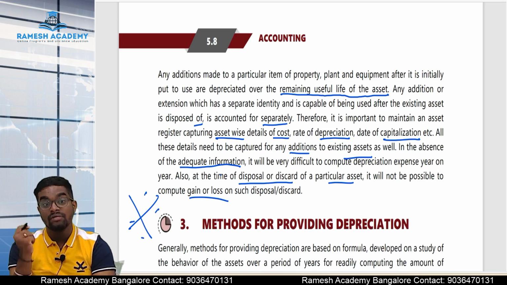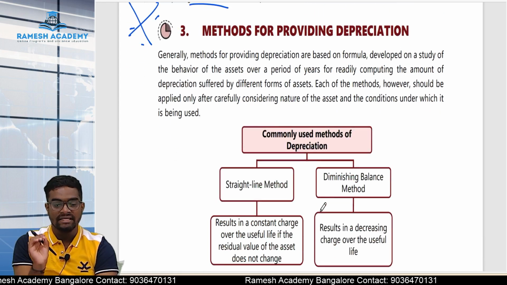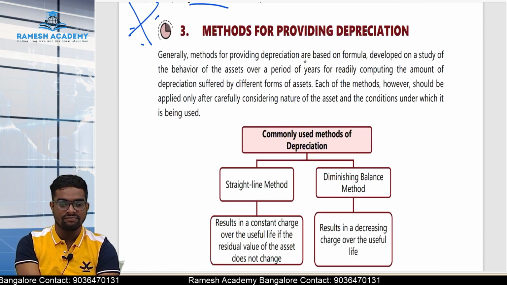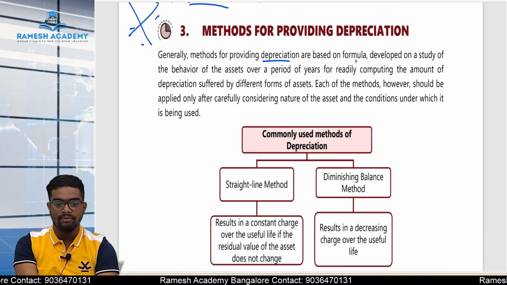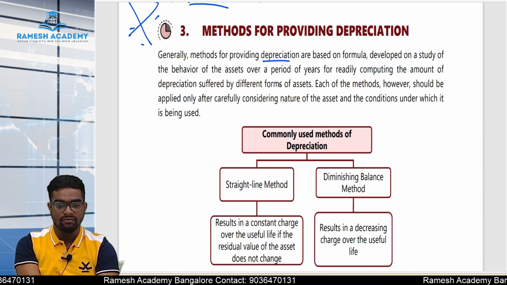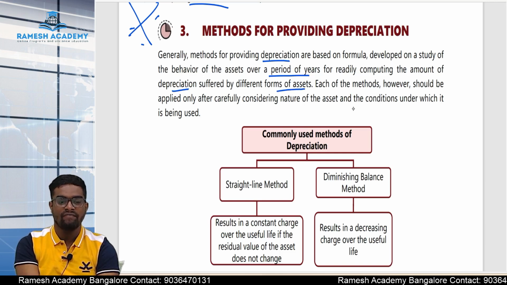5 marks. Now comes the actual syllabus of this particular chapter, which is the methods of depreciation. Generally, methods for providing depreciation are based on a formula developed on the behavior of an asset over a period of years for readily computing the amount of depreciation suffered by different forms of asset.